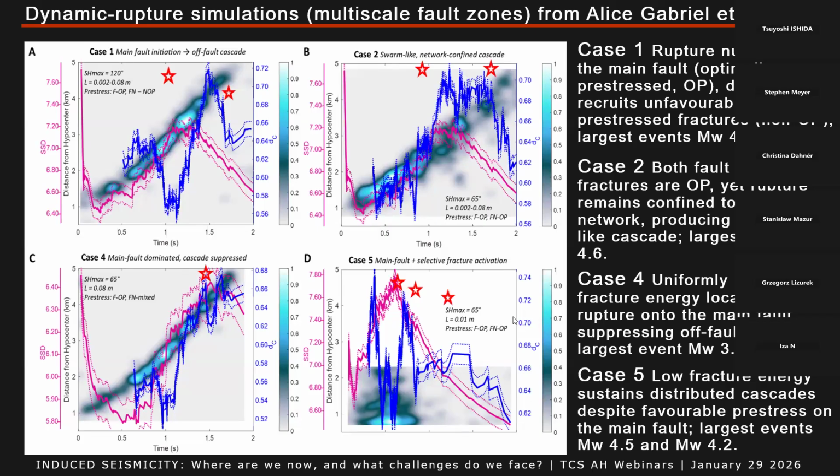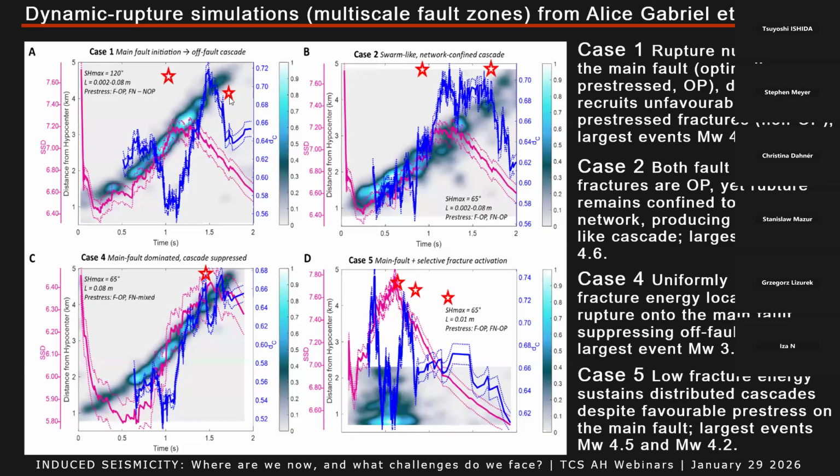But generally, when we transfer this information to real observations, we can say that some cases represent more swarm-like seismicity, and the others represent more matured faults.